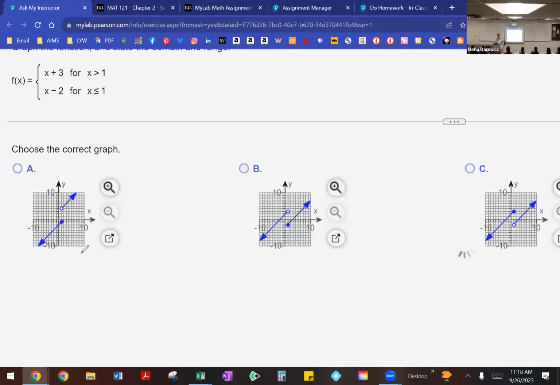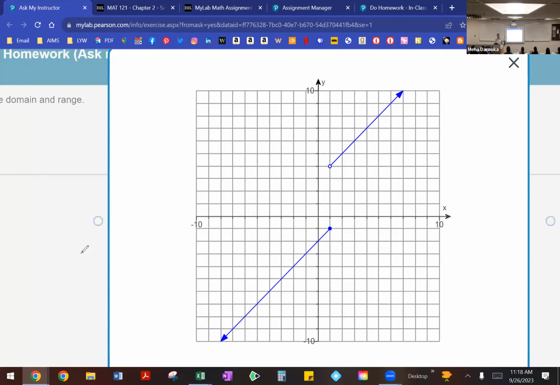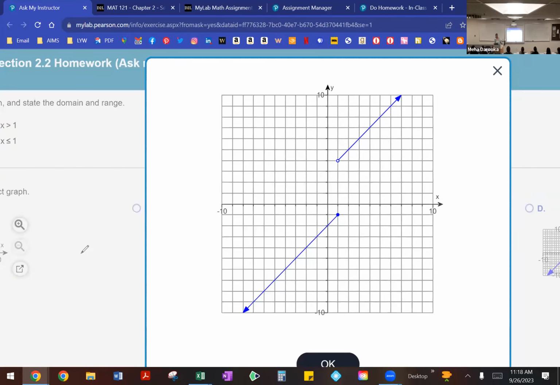So let's look at option A. How do you know if the graph we're looking at is the right graph? How would you decide that? They're equal.